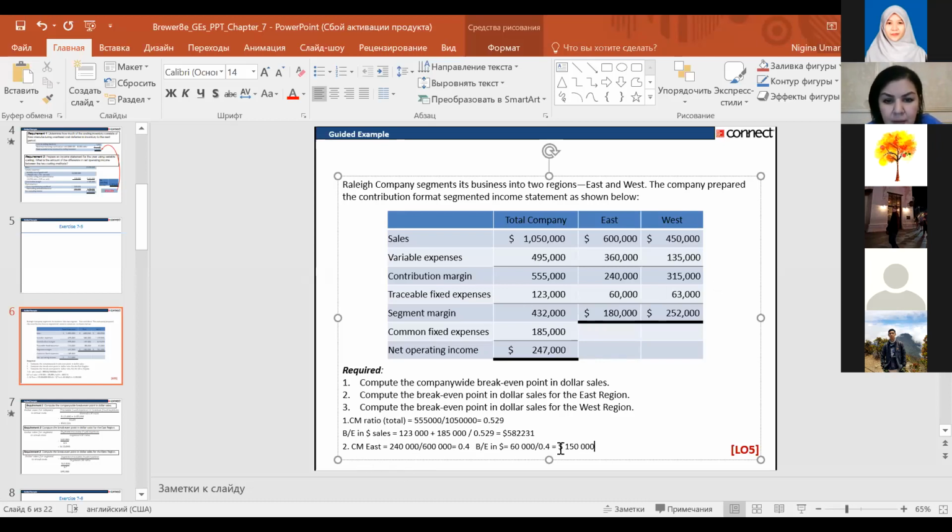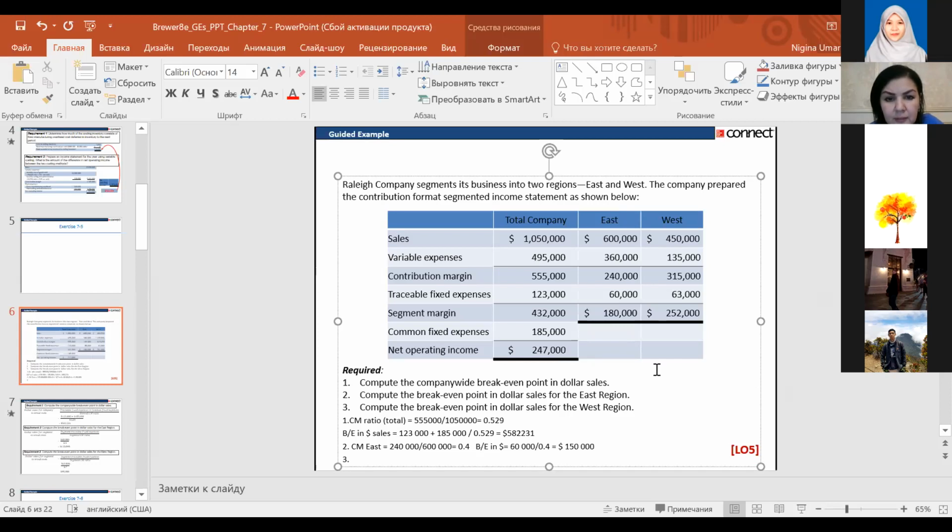Okay, excellent. And now let's calculate separately for the West Division. Salma, now you tell. 315,000 divided by 450,000.